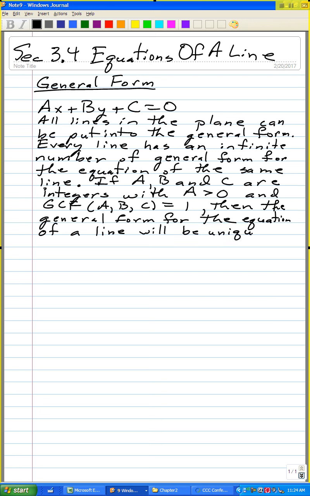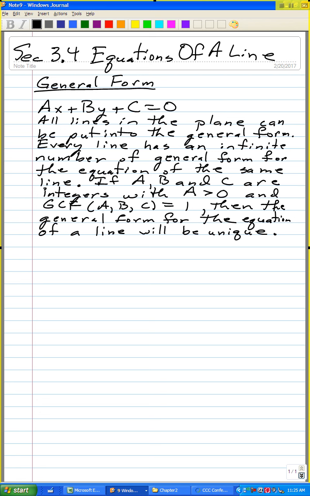So we usually put these restrictions on the general form for the equation of a line just so that we can give you one form for the answer. So when you do it on the computer, they'll ask you to do these things to be sure that the constant in front of x is positive, that there are no common factors, and that everything is an integer. All the coefficients are integers.